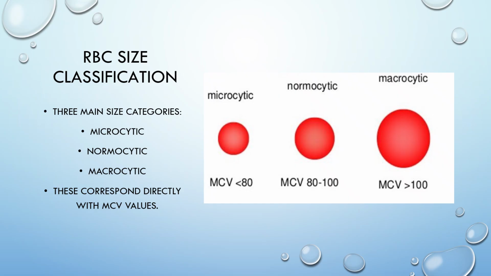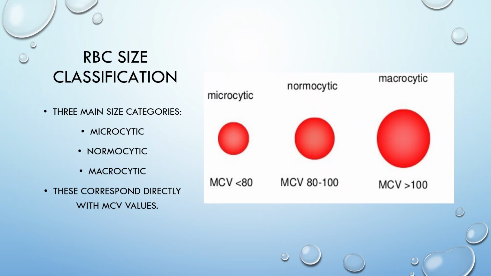These classifications correspond directly to MCV values measured by automated analyzers. Typically, microcytic RBCs have an MCV below 80 femtoliters. Normocytic red blood cells fall between 80 and 100 femtoliters, and macrocytic red blood cells are generally greater than 100 femtoliters.